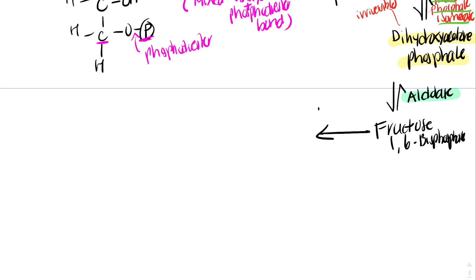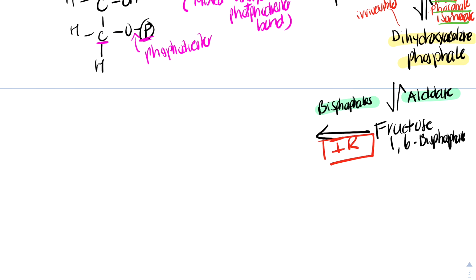So then we have bisphosphatase enzyme. And note, this is an irreversible step. So knowing the 4, I believe it's 4, 1, 2, 3, 4 irreversible steps for this process.